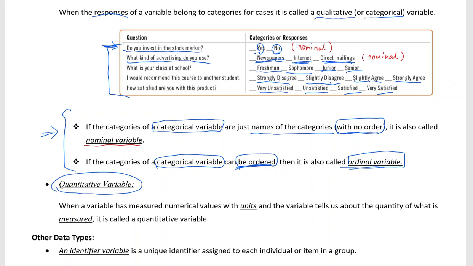Got the idea? All right, next, what is your class at school? Freshman, sophomore, junior, senior. First, we have already decided that your response will belong to these four categories, right? So it will be a categorical variable. Then you need to decide whether these categories can be ordered or have no order.